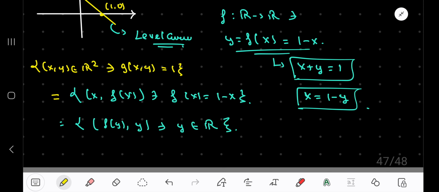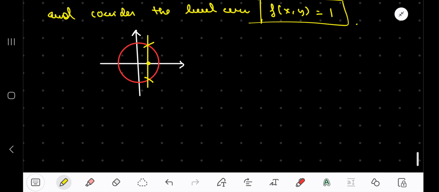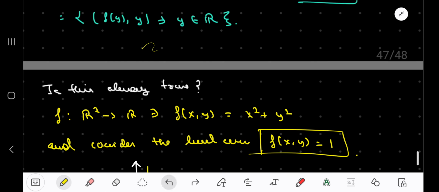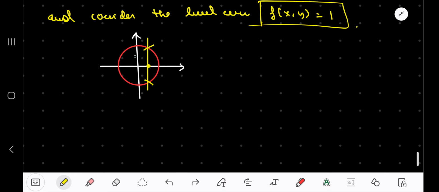I can choose the dependent variable to be one of the coordinates. If I can't represent it in terms of some variable, I might be able to represent it as a graph in terms of some other variable. But in this case it cannot be represented as a graph in terms of y as well, because here it also fails the vertical line test. In this case it will be a horizontal line test, things similar like that.